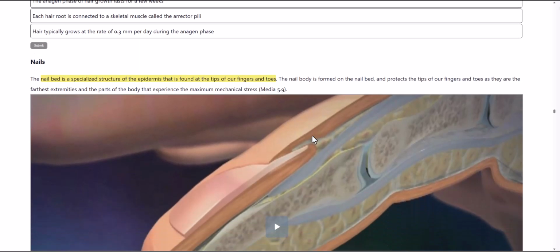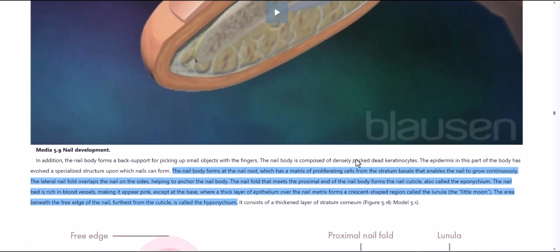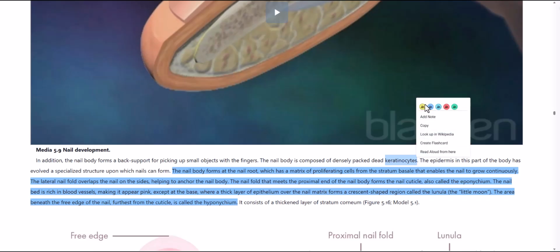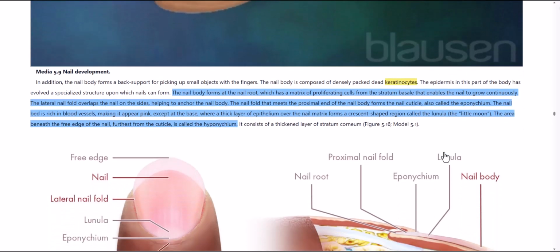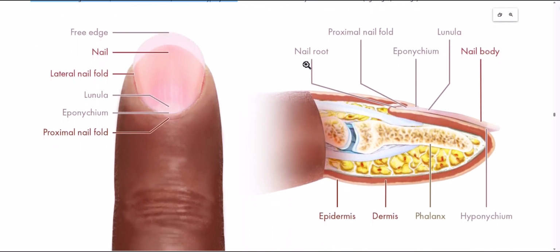And the main ingredient of your fingertips is keratinocytes, right? We're mostly looking at dead keratinocytes and the keratin that they contained. So again, we're not going to worry about naming the specific structures here in the nail structures.